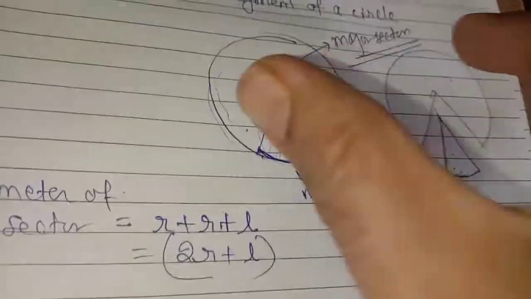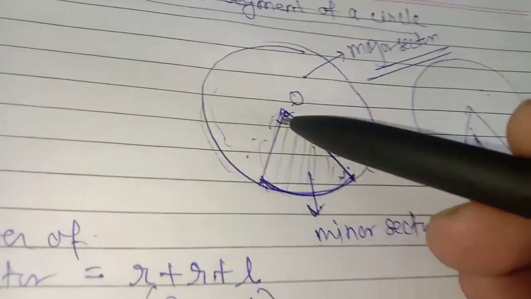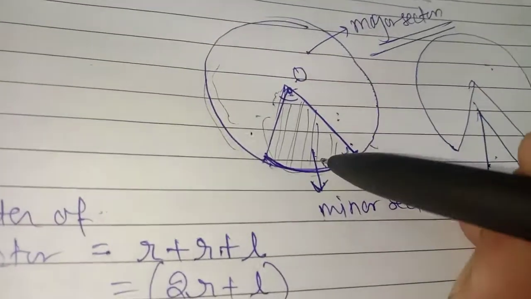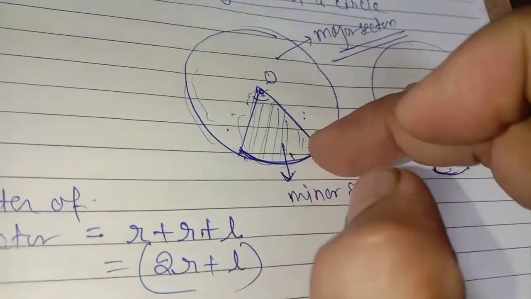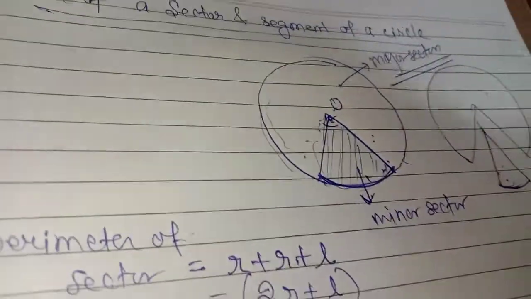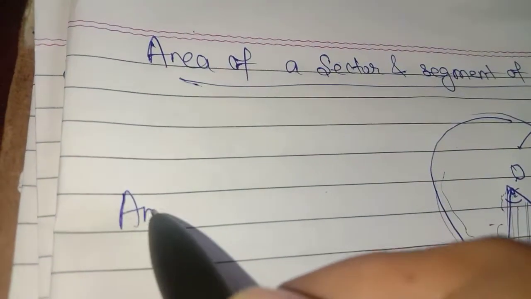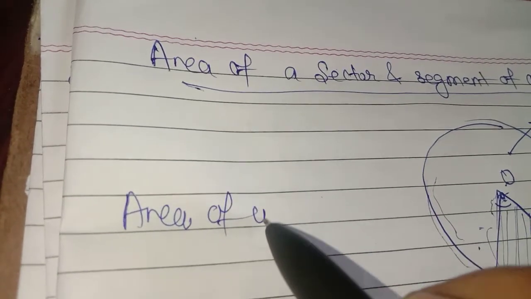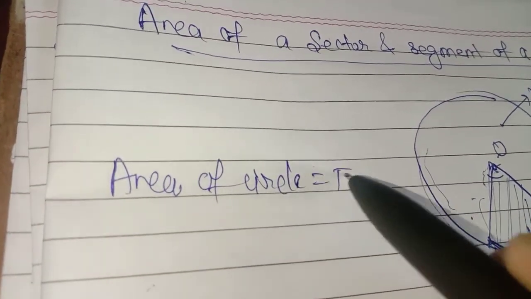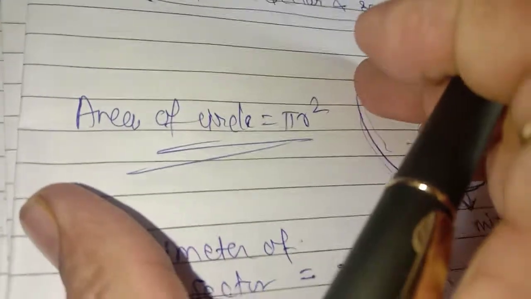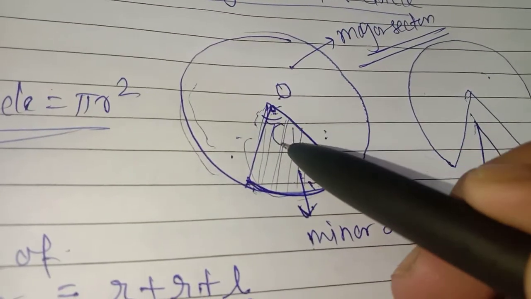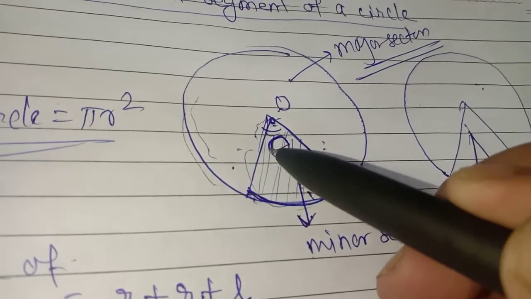Now let's find the area, that is, how much area you have taken out for the minor sector, or whatever area is left for the major sector. First of all, a little bit of revision. Area of circle is pi r square. Keep it as it is, we will use it here. Now you can see that the sector has been taken out in terms of an angle theta.